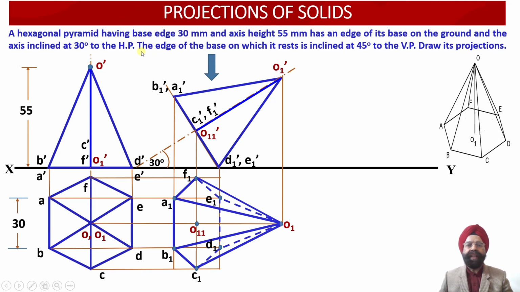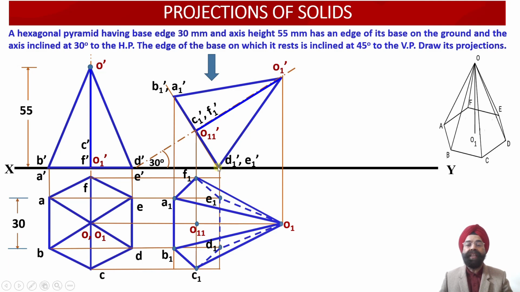Now we have been provided with the information that in the second iteration, the edge onto which this hexagonal pyramid is resting on the ground is this edge, DE. So in the top view, we have obtained the true length projection of this particular edge onto the horizontal plane.